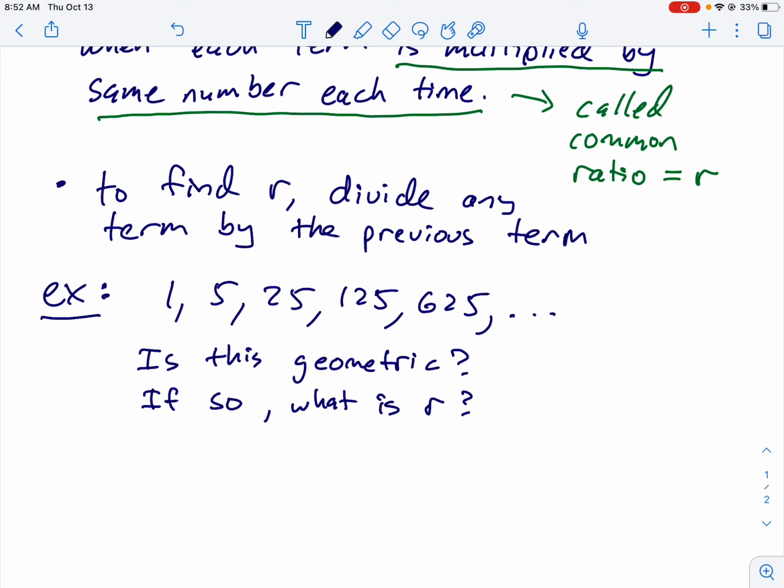So do you see what number we're multiplying by each time? Five, okay? And you should check every single term. 1 times 5 is 5, 5 times 5 is 25, times 5 is 125, times 5 again is 625. If you're not sure, that's what the calculator will help you determine. So this is geometric.